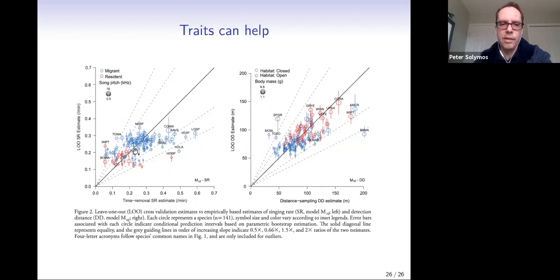And you can see for singing rate, there's a tendency to be able to detect it quite okay if you know something about whether they are migrants or not. But there is a lot of variation. So it's harder to predict this based on species traits, but usually these values are within a well-defined range and lead to high probabilities over like 3, 5, 10 minutes.